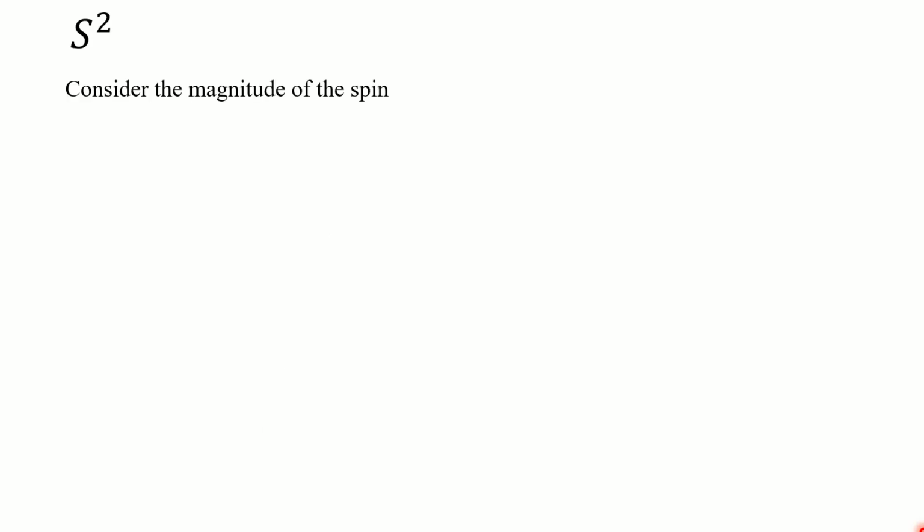Another way to think about that is if we consider the magnitude of the spin vector, right? So typically with vectors, if we want to know the magnitude of vector A, say, what we would do is take the inner product or the dot product of the vector with itself and square root it. That would give us the positive length or magnitude of that vector.